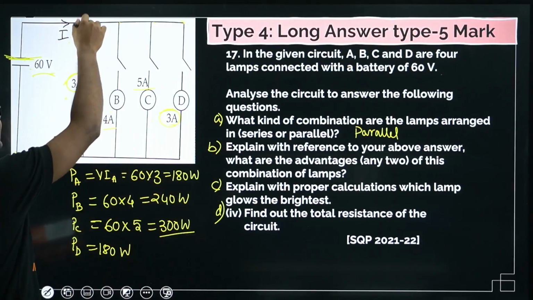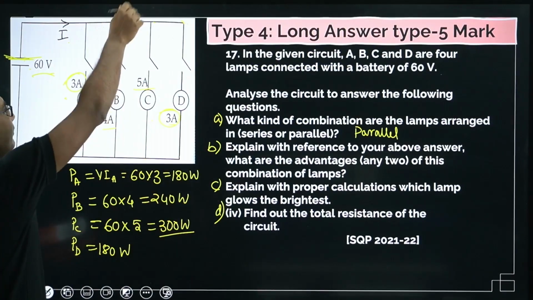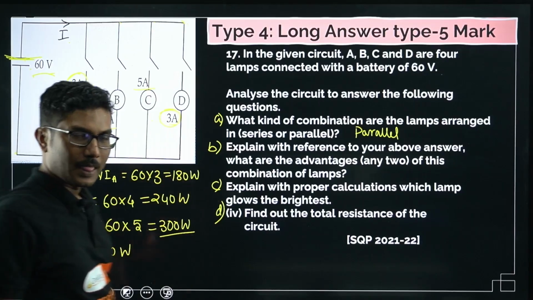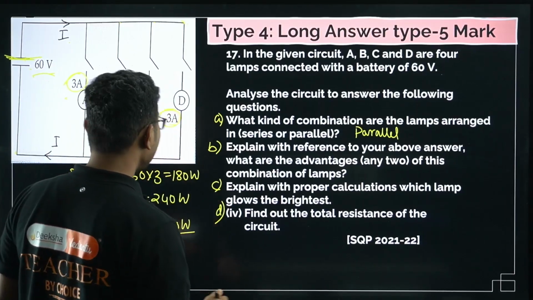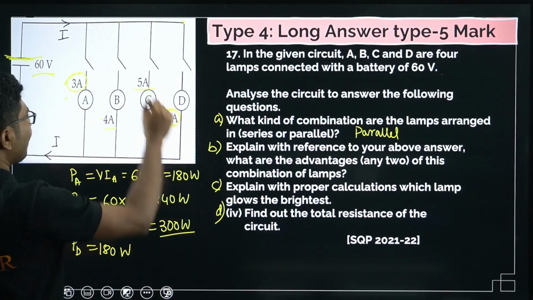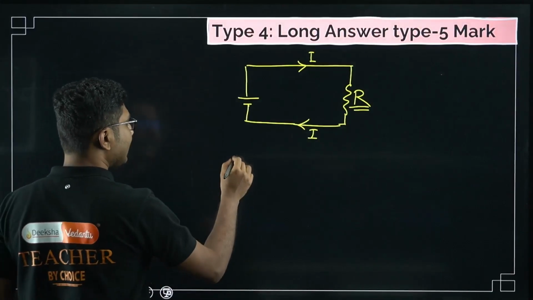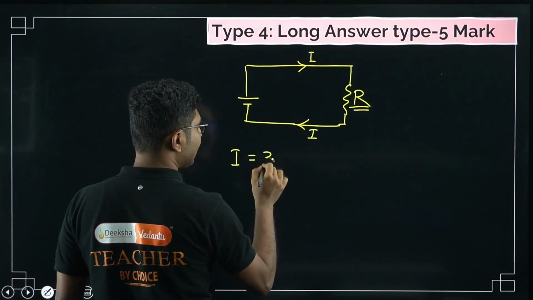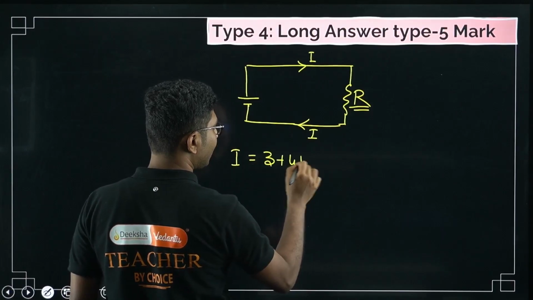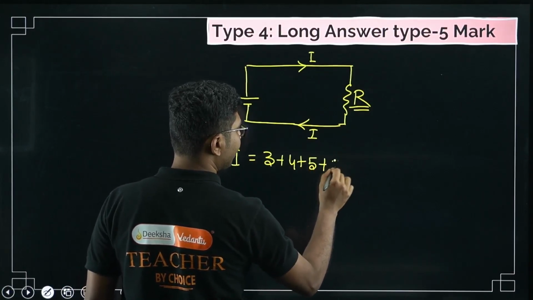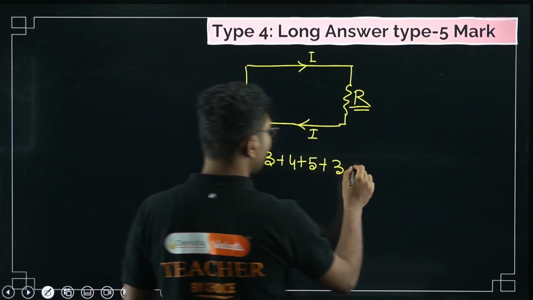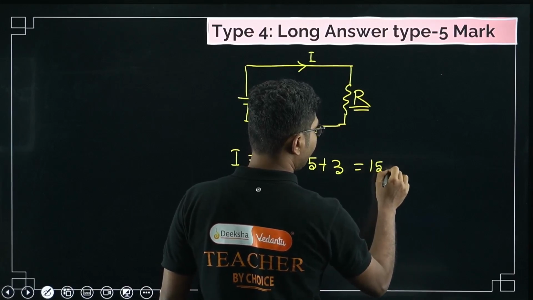I is nothing but the sum of all these individual currents, right? So I is basically 3 plus 4 plus 5 plus 3, that is 7, 12, 15 ampere.